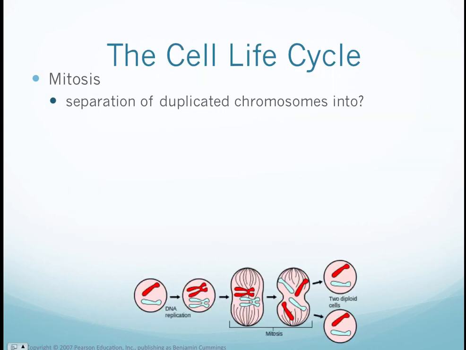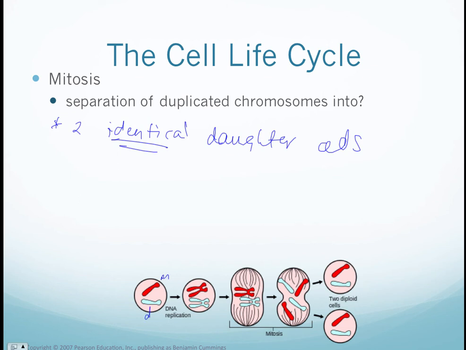So looking at the cell life cycle, mitosis is a separation of duplicated chromosomes into two identical daughter cells. Okay, identical because it's this exact genetic material. Here's the DNA. You have one from your mom, one from your dad, one copy of genetic information each.